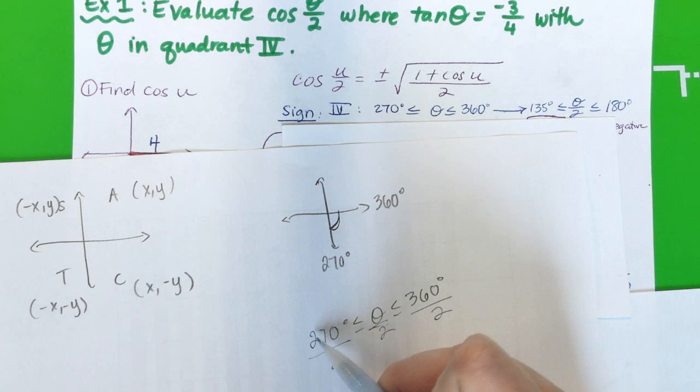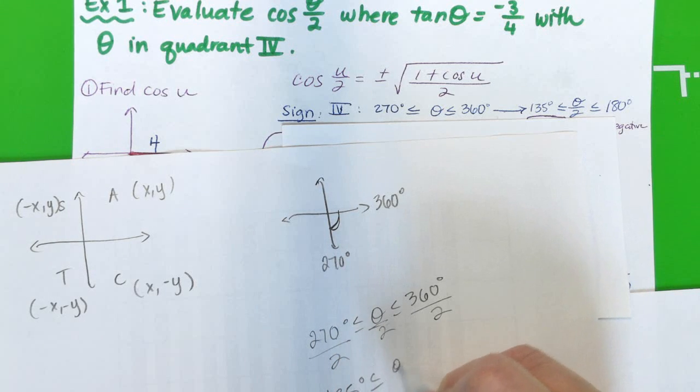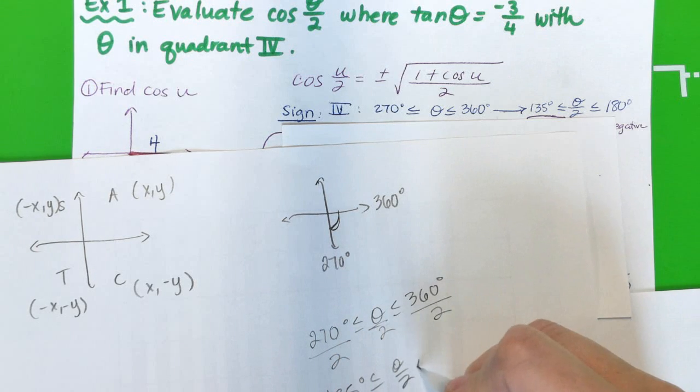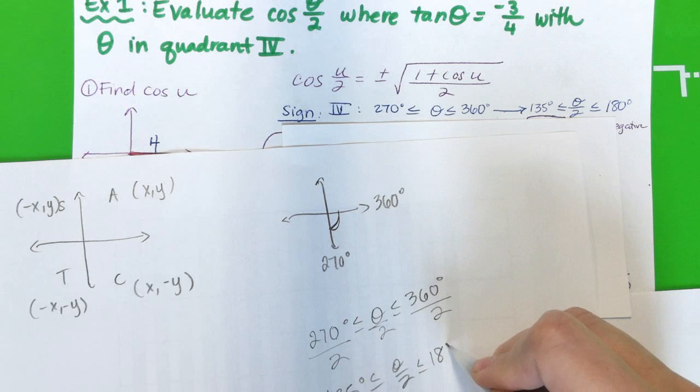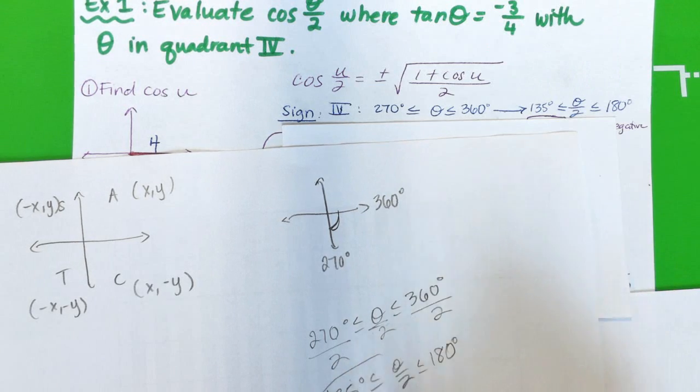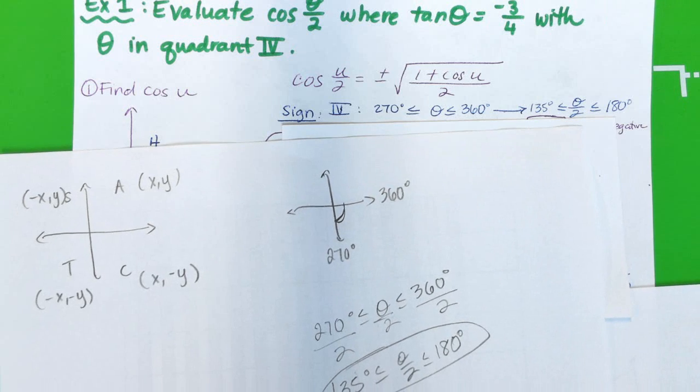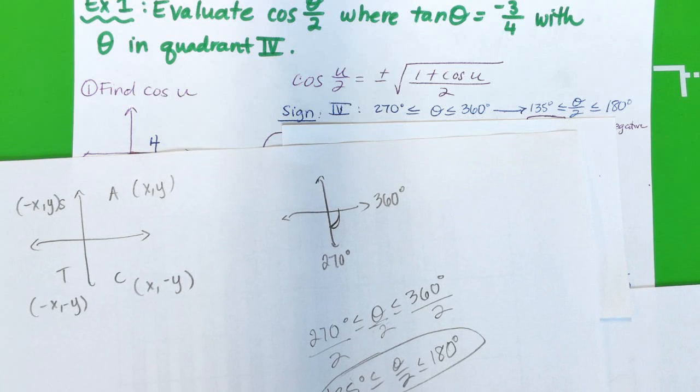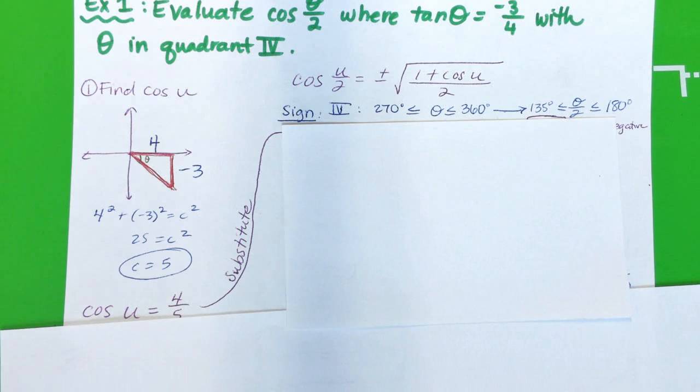So if I cut 270 in half, okay, half of 200 is 100, half of 70 is 35. Half of 360 is what? Half of 360 is what? 180. So if I'm looking at 135 to 180, okay, Anuva, what quadrant goes from 135 to 180?